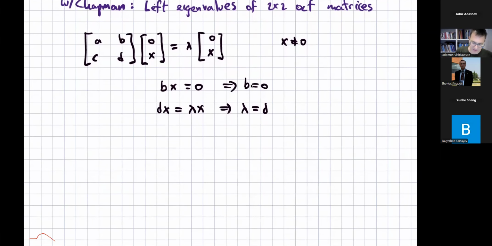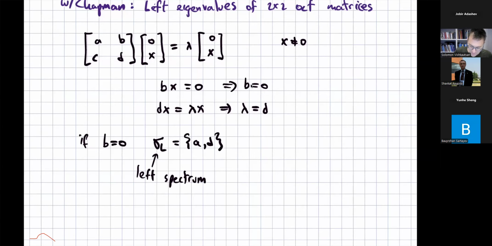And it's not hard to check that if b is equal to 0, which is what is implied from this situation, the spectrum or the set of left eigenvalues, which will be denoted by this, so this is the left spectrum, it will just be A and D. And the proof is very similar to how we would prove that an upper triangular matrix or lower triangular matrix has the spectrum equal to the diagonal.